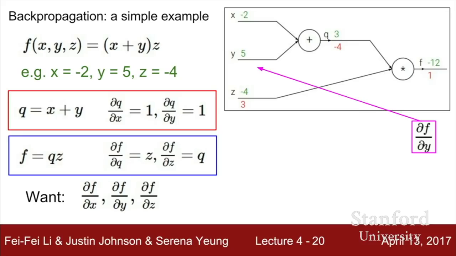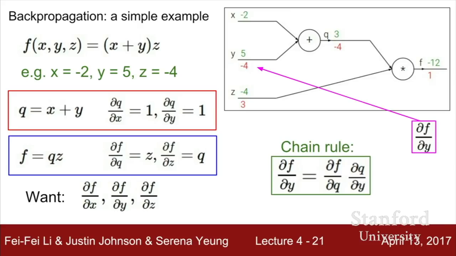OK, so now continuing to move backwards through the graph, we want to find df over dy. But in this case, the gradient with respect to y is not connected directly to f. It's connected through an intermediate node q. And so the way we're going to do this is we can leverage the chain rule, which says that df over dy can be written as df over dq times dq over dy.